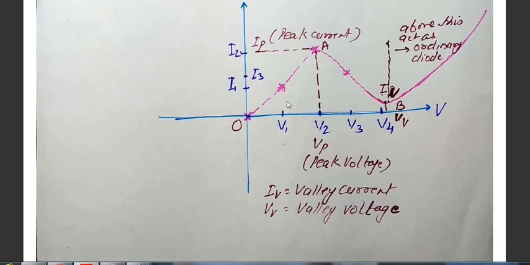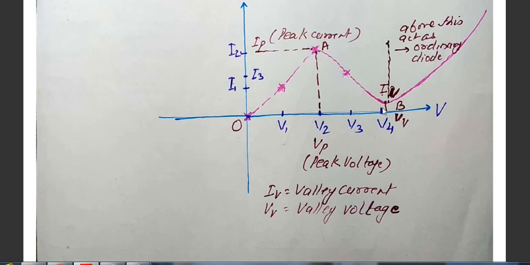So let us divide this curve into three different portions. One is from 0 to A, another is from A to B, and the third portion is above point B. In the first portion we see that the current is almost linear with respect to voltage, but in the portion from A to B, as we increase the voltage, the amount of current is going to decrease.